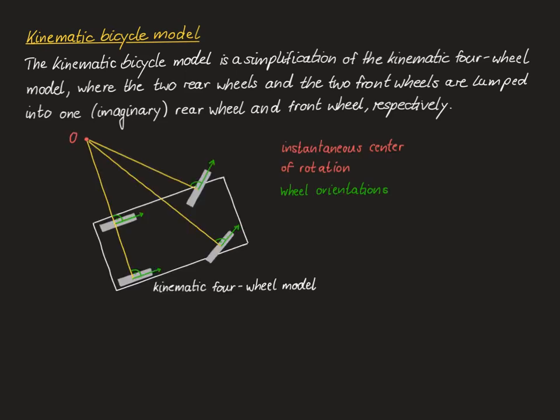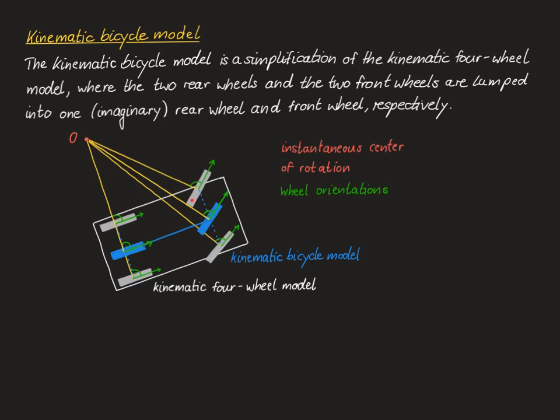So if we consider again our kinematic four-wheel model in white here, with O being the instantaneous center of rotation and the wheel orientations of the four wheels being shown in green, then we lump together the two rear wheels into one imaginary rear wheel right in the middle between the left and the right rear wheel, and same with the front wheels.